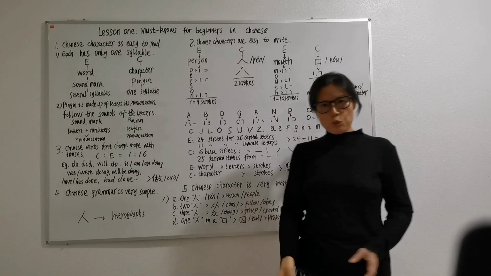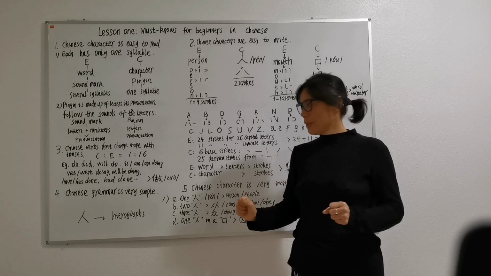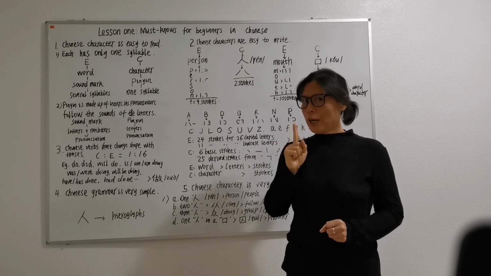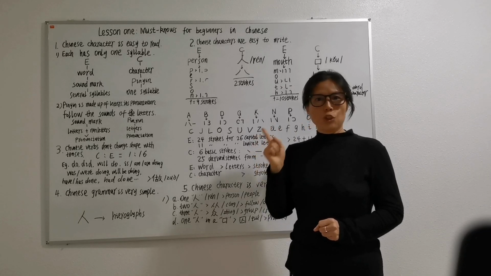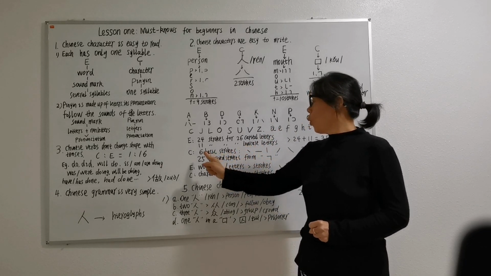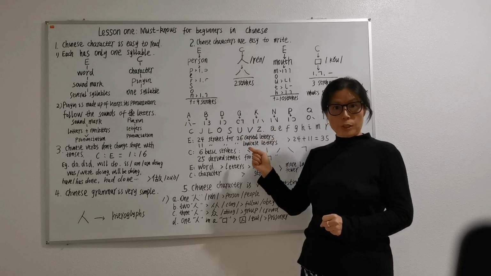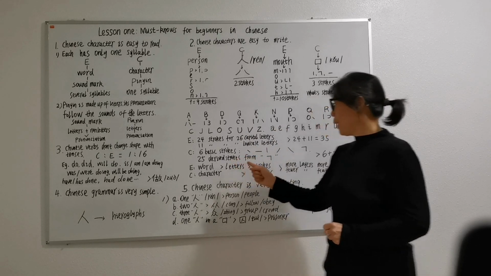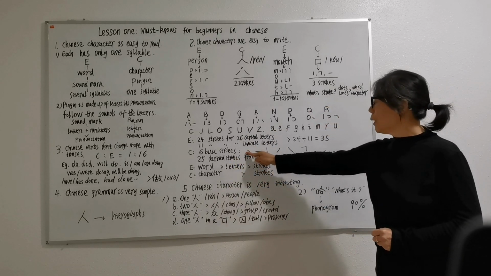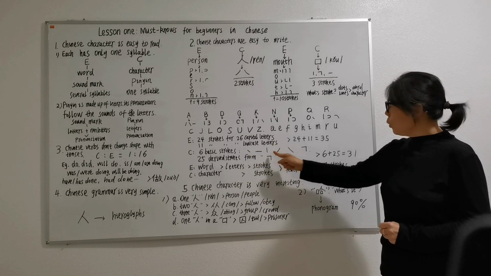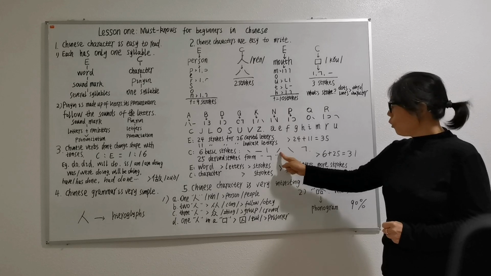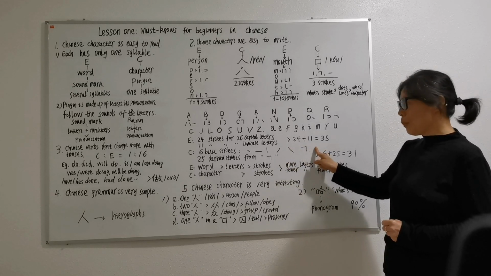But how many strokes in Chinese? If I tell you, you may not believe, but it's true. Only 6 basic strokes in Chinese. Here you are: dot, horizontal, vertical, left falling, right falling, and double.